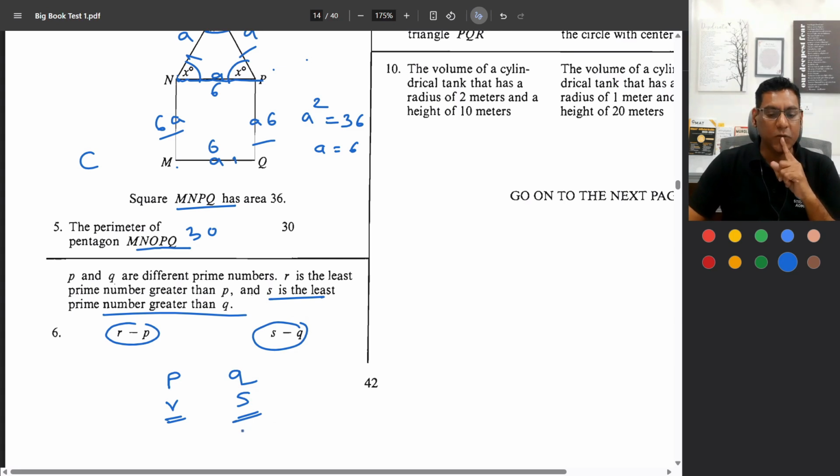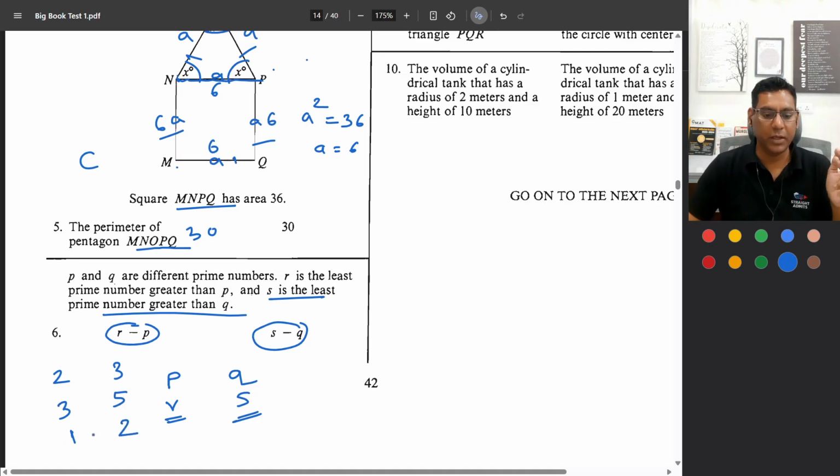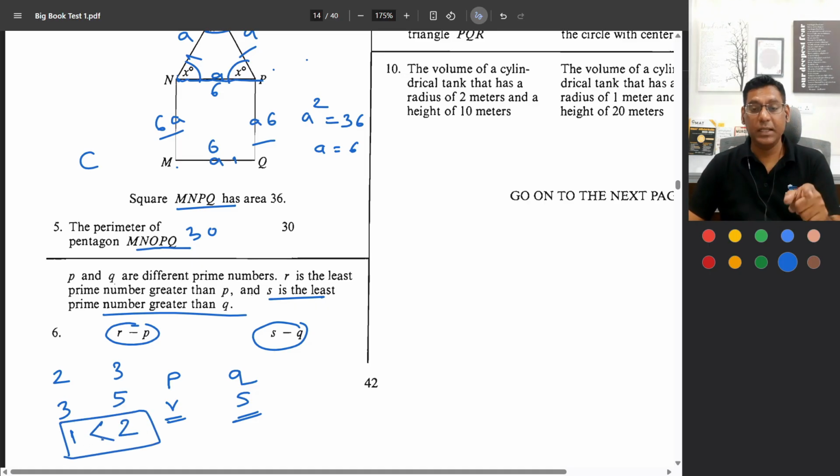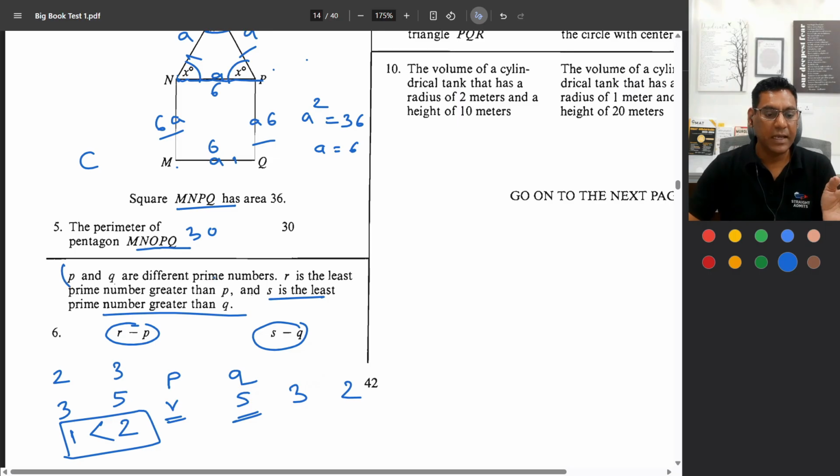Let's take an example. Let's take 2 and 3. What is the next prime number after 2? That would be 3. The next prime number after 3 would be 5. The difference would be 1 here, the difference would be 2 here. In that case we get this relationship. But note that we could have also started with 3 and 2, same numbers, just that the order could have been different. They have not given us anything about P and Q, whether P is bigger or Q is bigger, we don't know.